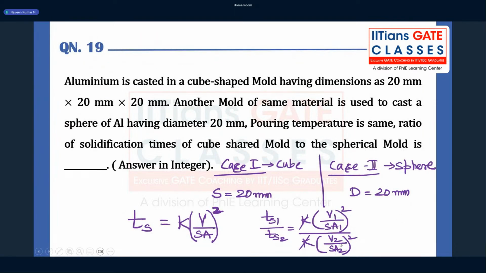And V2 is the volume of the sphere. What is this?